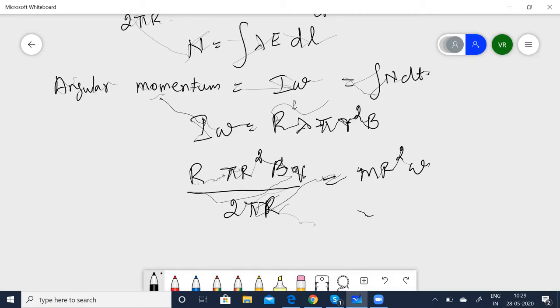Cancelling all the values, finally you get omega equal to qB by 2 pi m. Let's see.